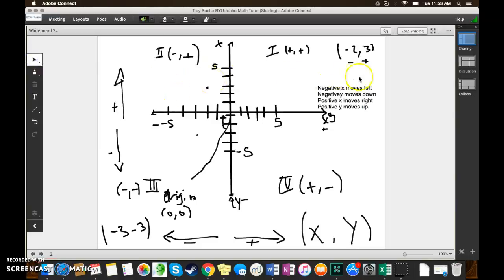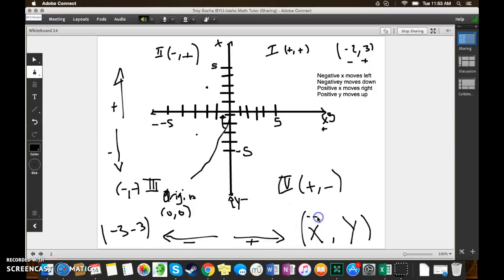All right, so that's going to be an important distinction to keep in mind, that that's what the numbers do. When you see a negative or a positive in this section here, because these can be negative or positive, depending on where you see it is where it ends up.